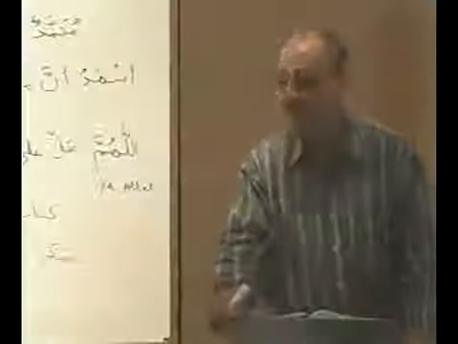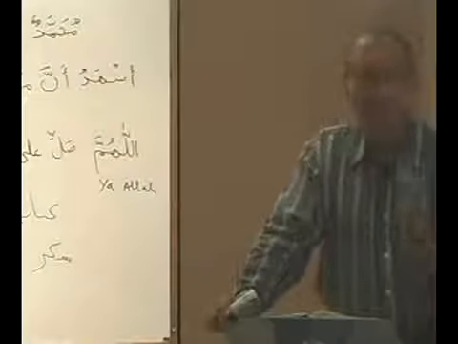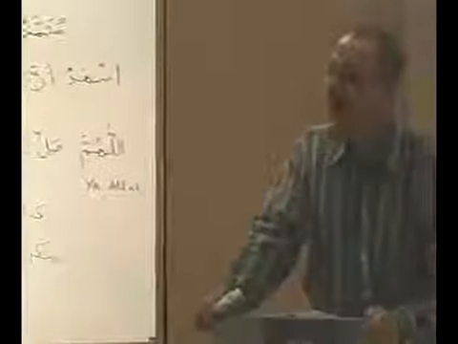I repeat again. Nominal sentence has 2 parts. What are they, Sister Naima? Subject and predicate. I am using English so that you don't get confused. But by the time you are in book 2, you have everything in your mind, inshallah. Then you will love to say Arabic terms. So, sisters, Jumla Ismiya, nominal sentence, has 2 parts.